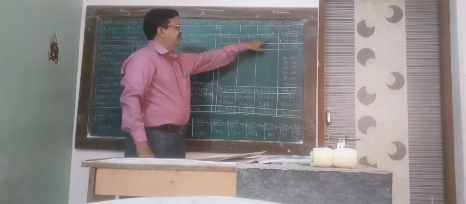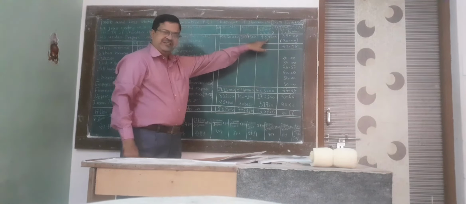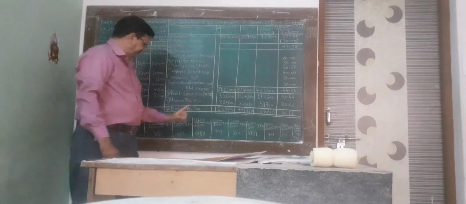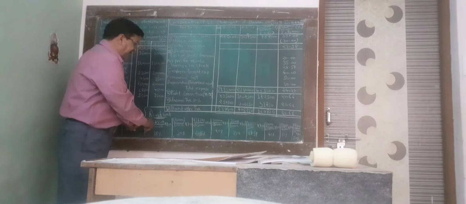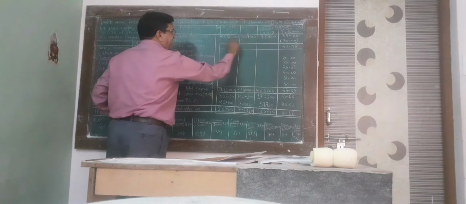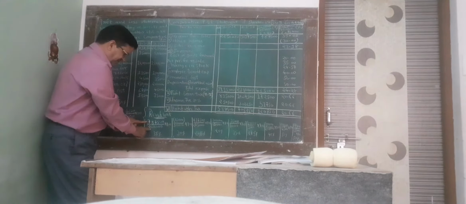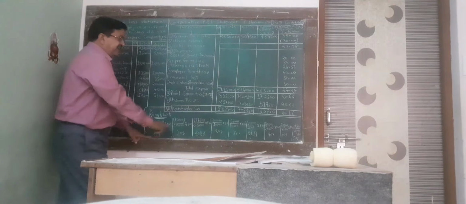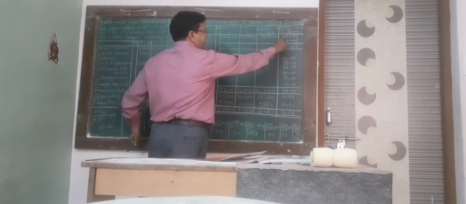In percentage, friends, the rough work: 7 lakh 87,500 divided by 22 lakh 50,000 into 100, so the percentage is 35%, friends.